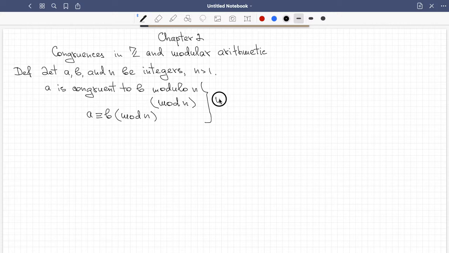This means n divides the difference a minus b.